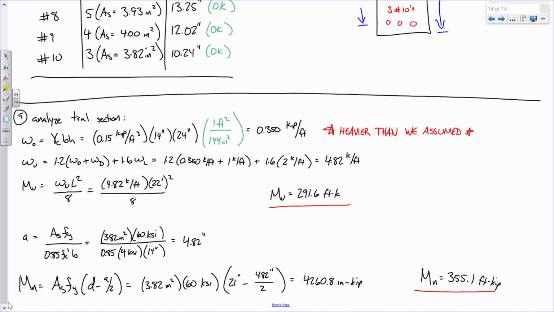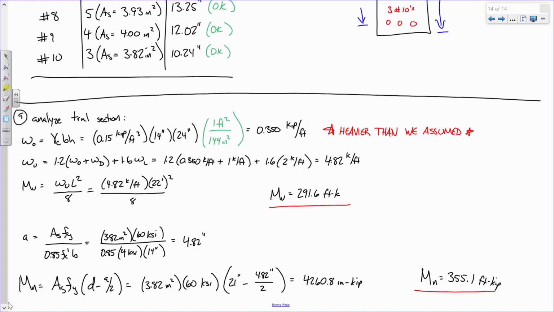Phi is determined based on looking at what value? You did that on the last homework. Say it again. Strain. The strain in the steel, right? So we need the strain in the steel, okay?